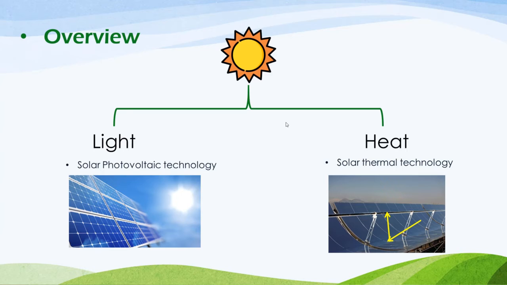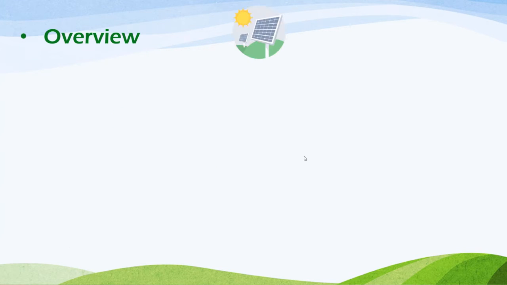Then this heat is used to produce electricity by converting it from thermal energy to electrical energy, by means that we will also illustrate later. In conclusion, these are the two different systems used to produce electrical energy from solar energy: the photovoltaic and the thermal type. Now let's talk about the first and most important type, the photovoltaic system.